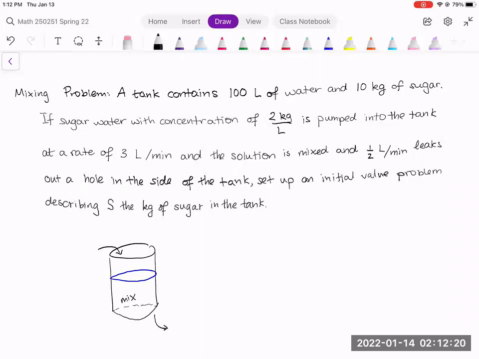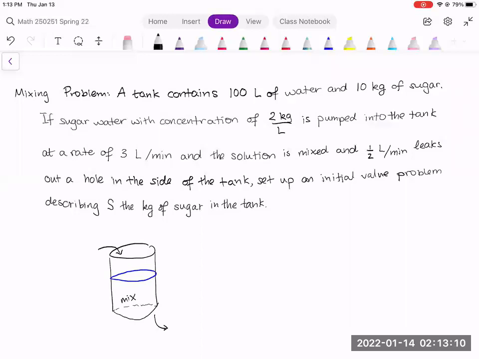And then some will be removed. So take a moment, read over the problem, and then we'll start talking about what our variables should be and what principle we're going to use to set this up.